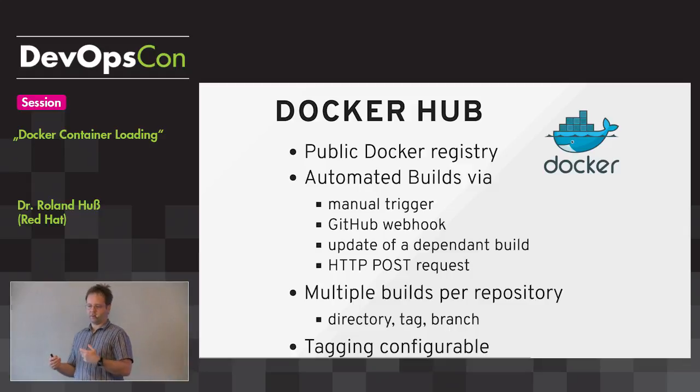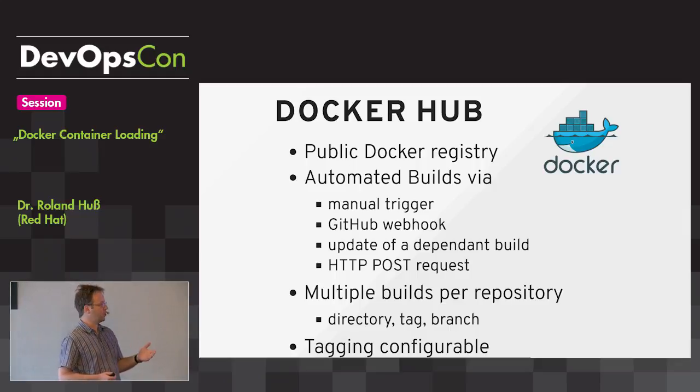The most famous service in that respect is Docker Hub. Docker Hub is first a public Docker registry, so you can push images to Docker Hub and others can pull them from there.